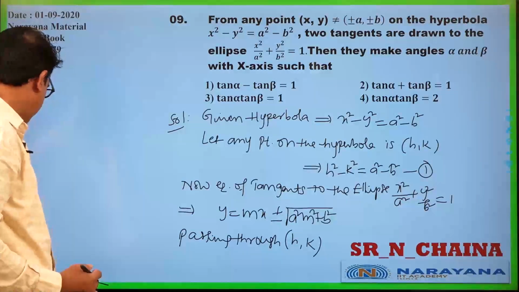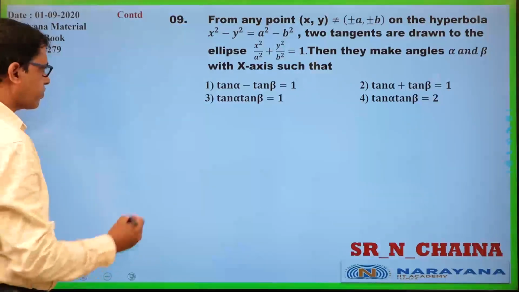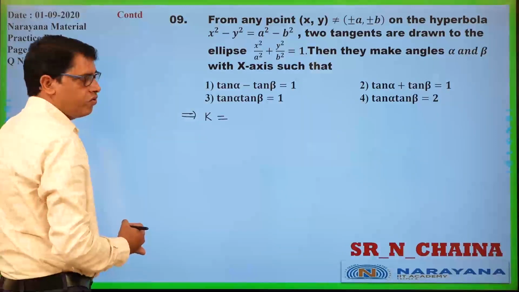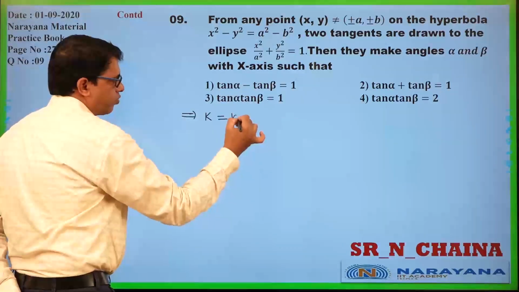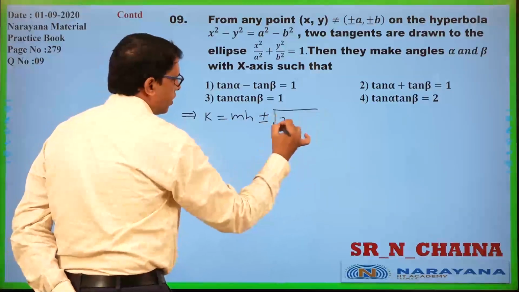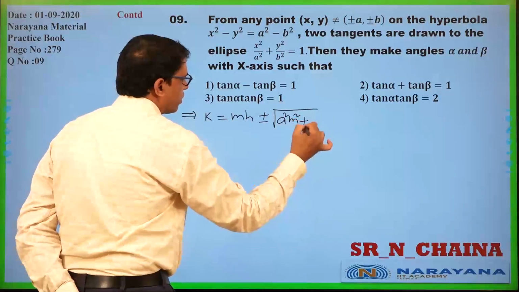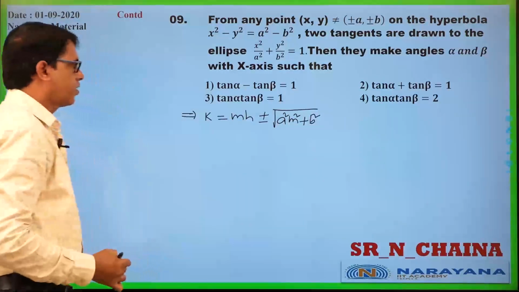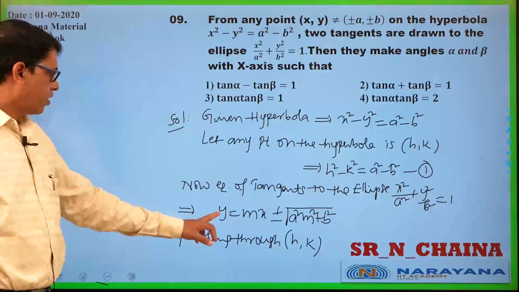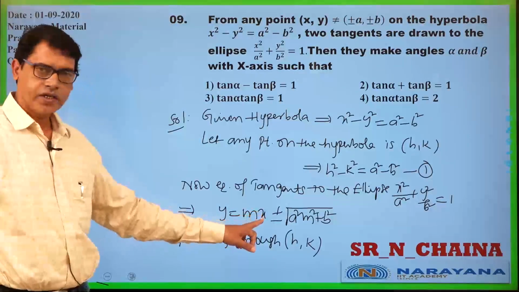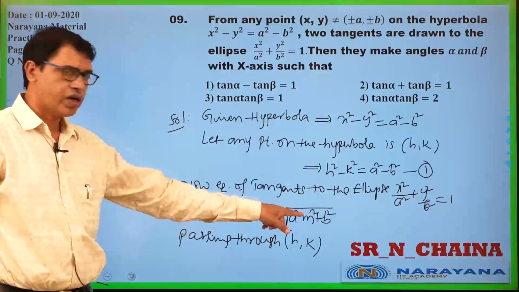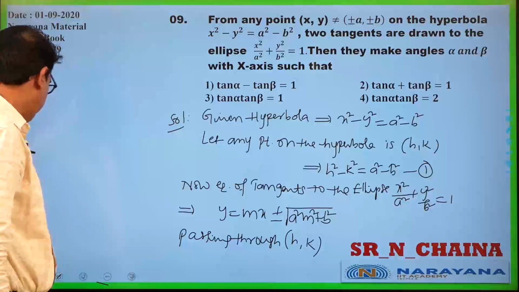Let us go to the next page. So what we get? k is equal to mh plus minus root under a square m square plus b square. Is that okay? See here, in the place of x h, so k is equal to mh plus minus root under a square m square plus b square.